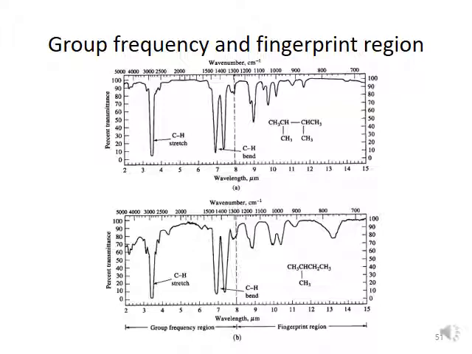Here you can see that in this range, at 3000, we have a CH stretch. Stretch actually requires higher energy infrared compared to bend. So here is the bend, the CH bend. So you can simply understand that this requires a bit lower infrared energy.